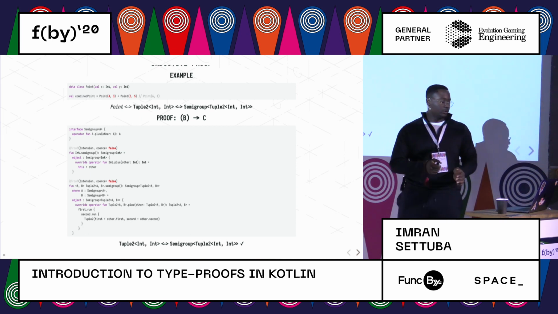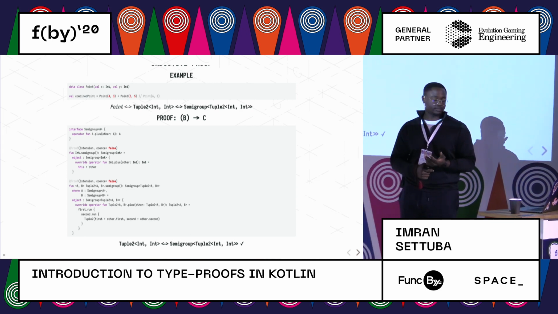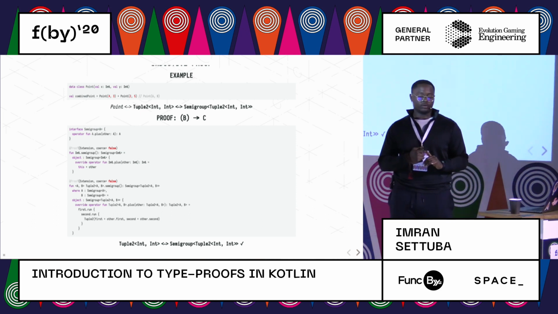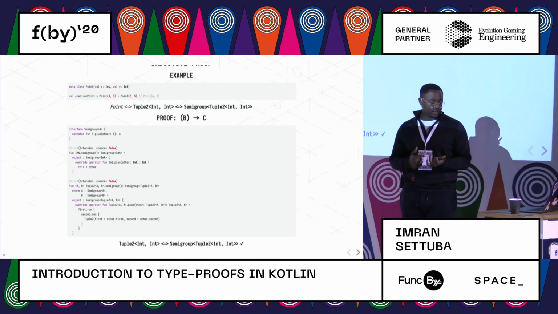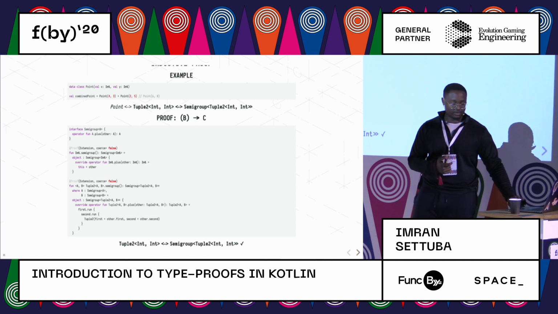Now, the important part is this, that we want to derive these behaviors simply by structure, and type proofs allow us to do that over coproducts or product types, including data classes and sealed classes that don't box primitives.